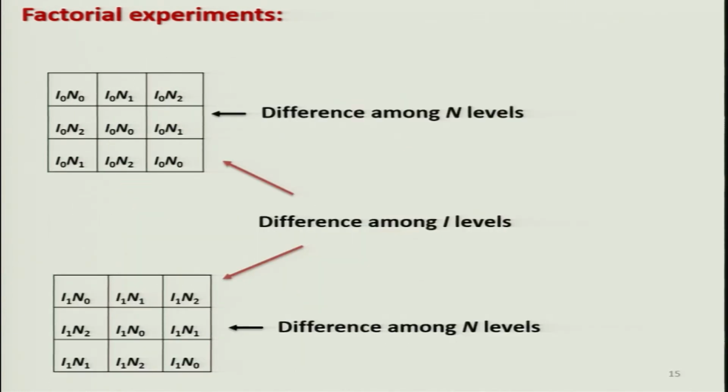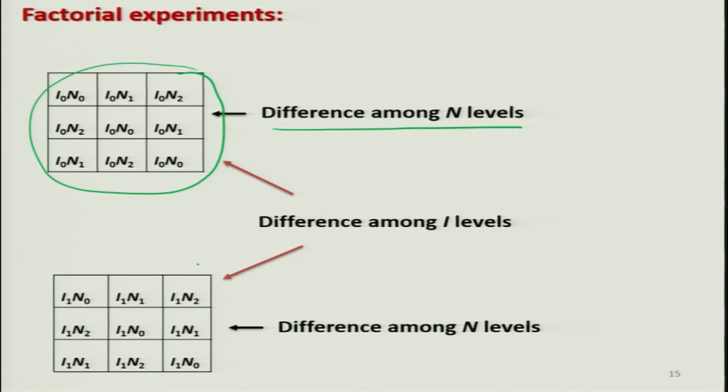And how are you going to conclude? When you compare the observations from RBD number 1, you can only have an idea about the difference among the nitrogen levels, because the irrigation level is constant.